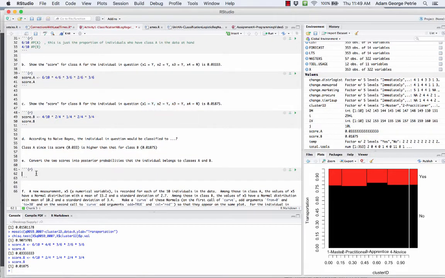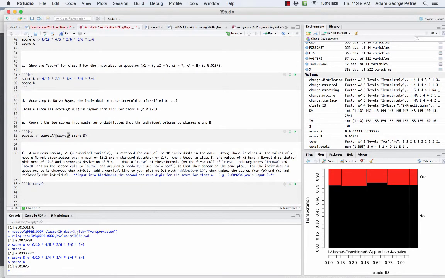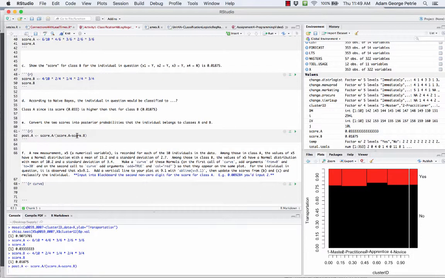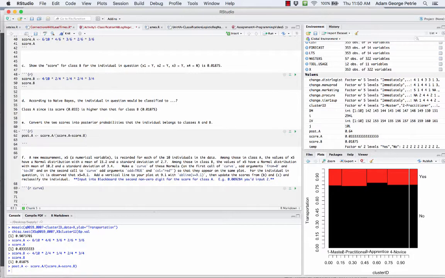All right, well, the way that we do this is to look at our scores, and if we want the posterior probability for A, we're going to take the score for class A and divide by the sum of the scores for all of the classes. This is just two classes, so our denominator has the sum of just two scores here. If we had more than two classes, we would have to add all of them up together.